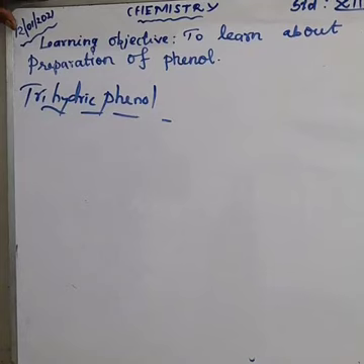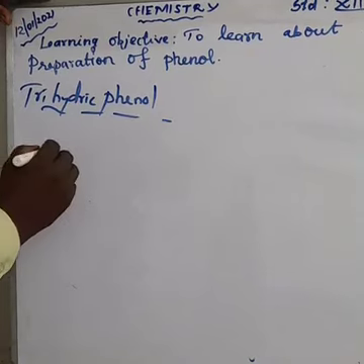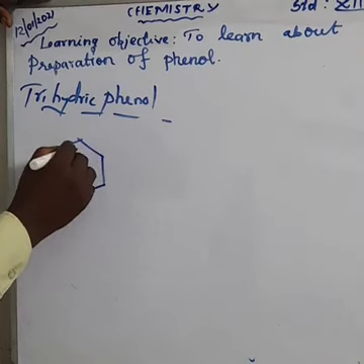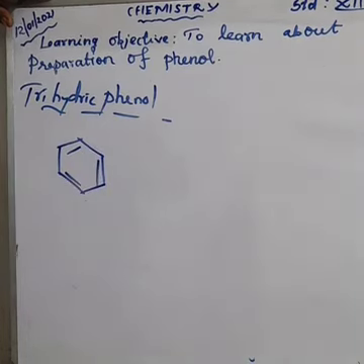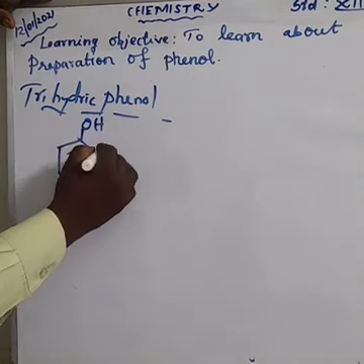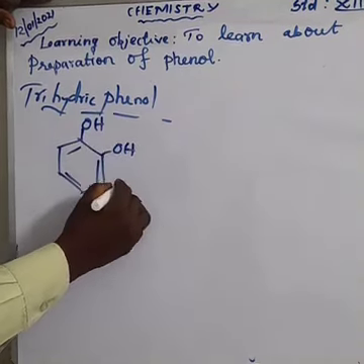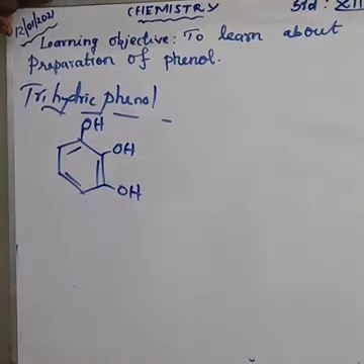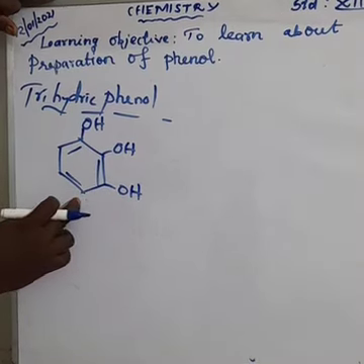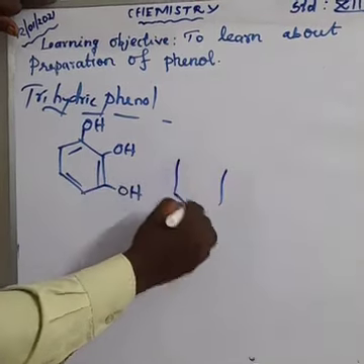Trihydric phenol. Okay. First of all, you should draw the structure of benzene. This is the structure of benzene, am I right? OH. This is the first compound. I am replacing this group to here. So we can give the second compound.